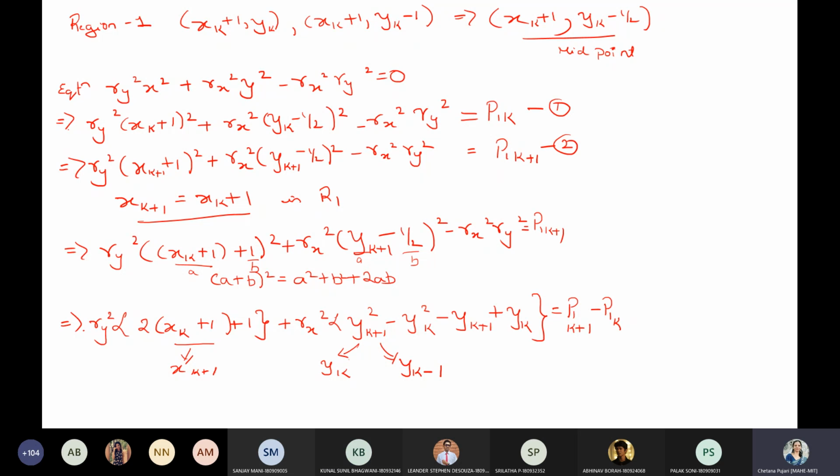So in this equation later we are going to do it for two different conditions, right? Pk less than 0 and pk greater than 0. So those two conditions we have to consider and substitute the value of your y and rewrite the equation. So that will give us your p1 value for greater than or equal to 0 and less than 0.